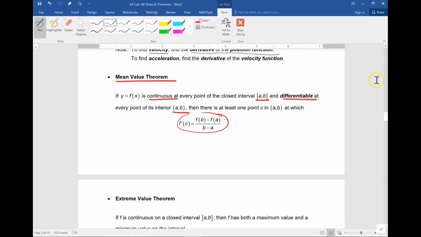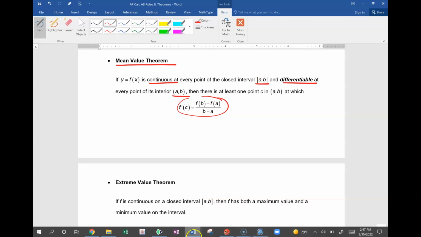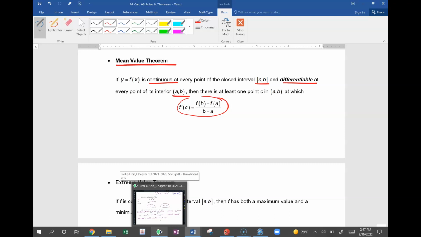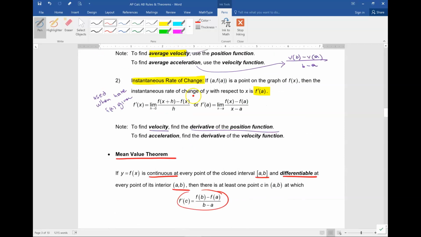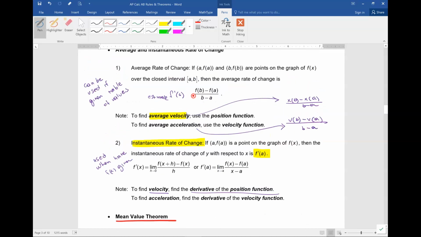Okay. So they're all kind of the same. This basically just combines the two things we talked about, instantaneous and average velocity. If you look at it, it's exactly the same thing, because right up here, we talked about average rate of change and instantaneous rate of change.